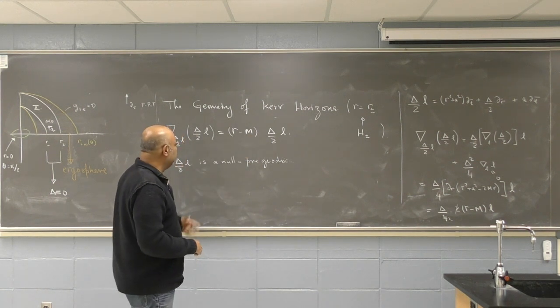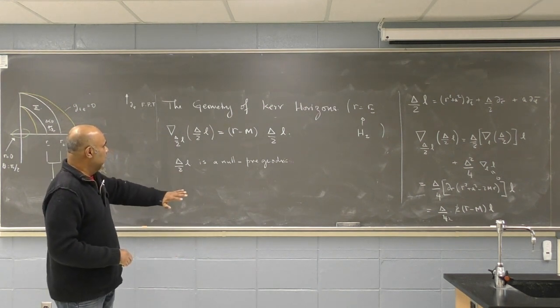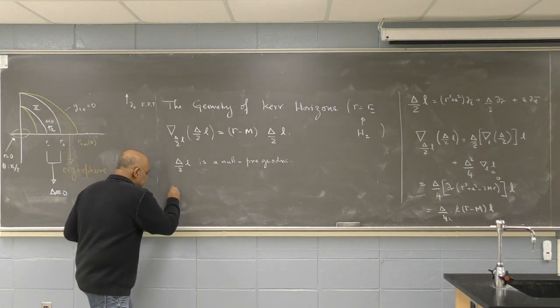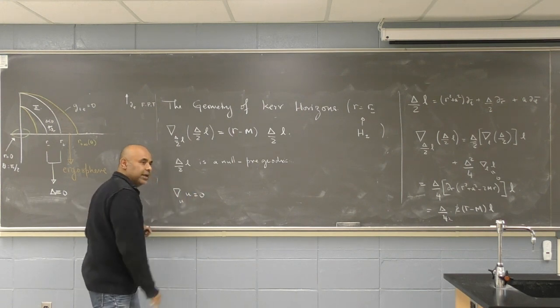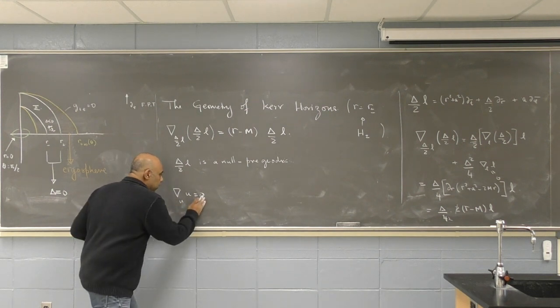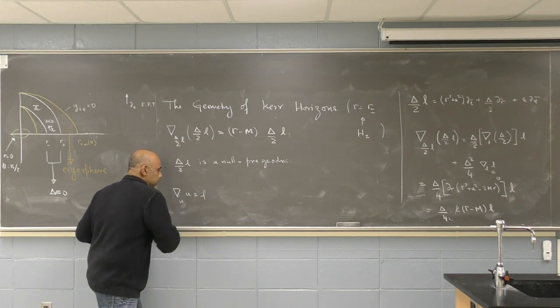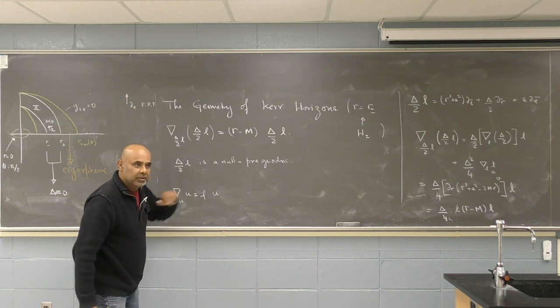So you may or may not have seen this in your GR course, but today we're going to, so let me be very careful. Let me explain. Suppose you have a vector u with covariant derivative of u along u equals 0. That's a geodesic equation. But suppose you have the covariant derivative of u with respect to u proportional to some function n times u, a function of the parameter of the curve.